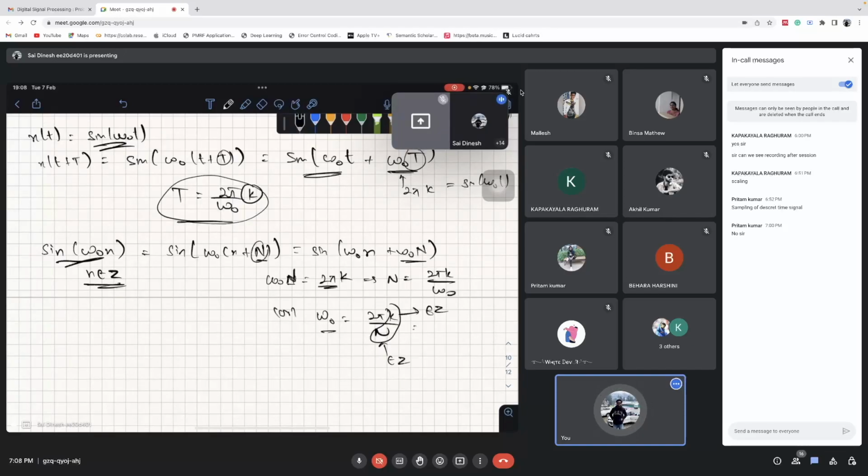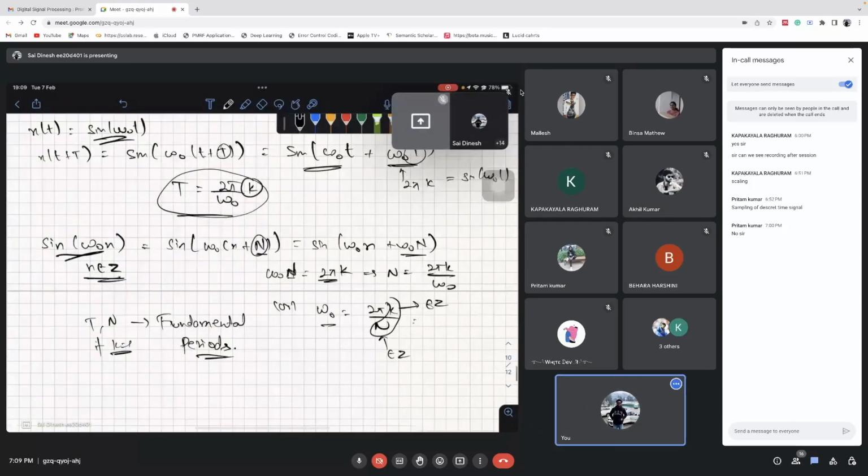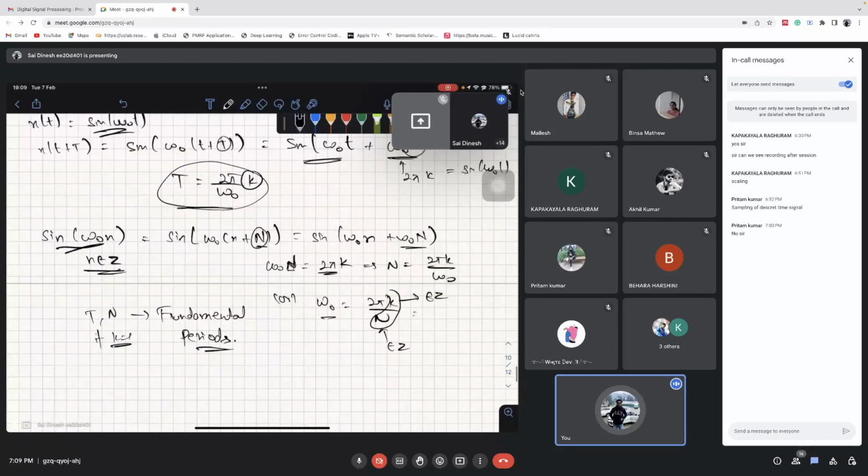Here, if k equals 1, N is the fundamental period. I was telling that in the discrete time case, you cannot keep increasing omega naught, and the signals repeat themselves after a certain point.